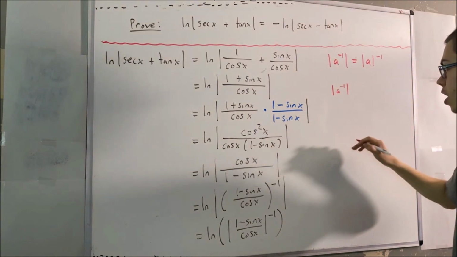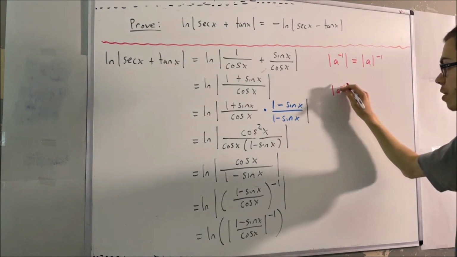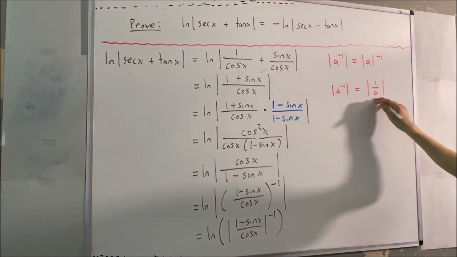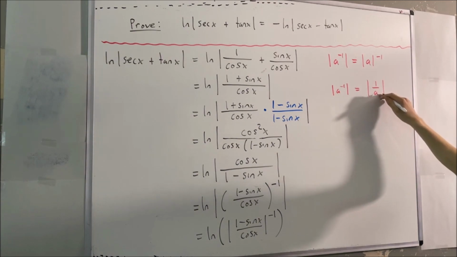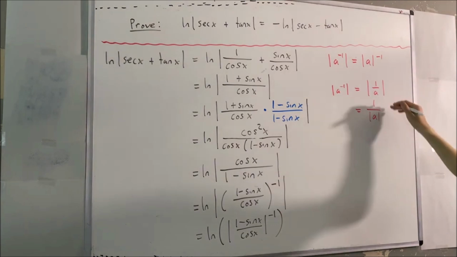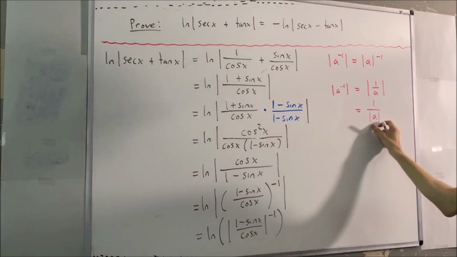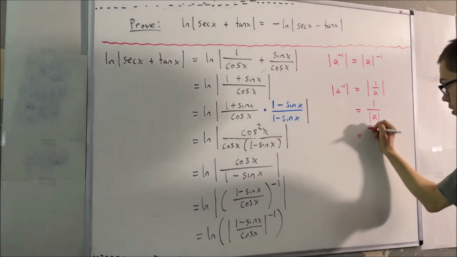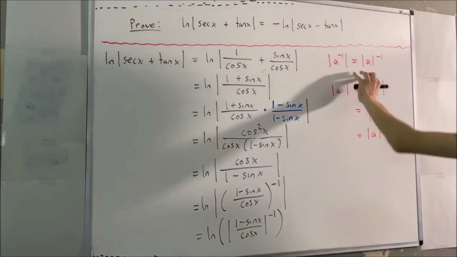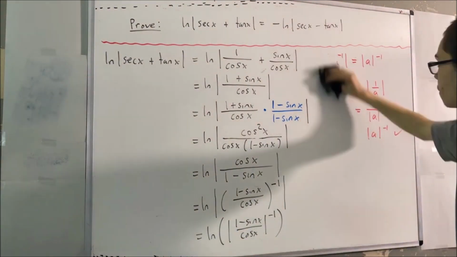The reason why is because we know that a to the power of minus 1 is 1 over a, but the absolute value of 1 over a is the same thing as 1 divided by the absolute value of a. And now we can rewrite this as the absolute value of a to the power of minus 1. So yes, this is in fact true. So this justifies this step.